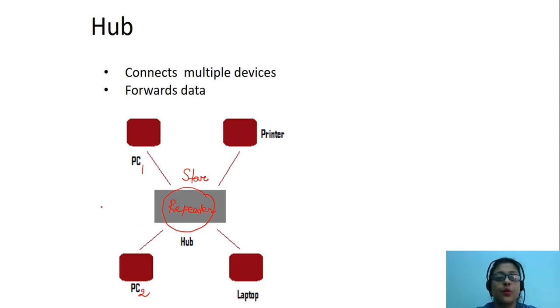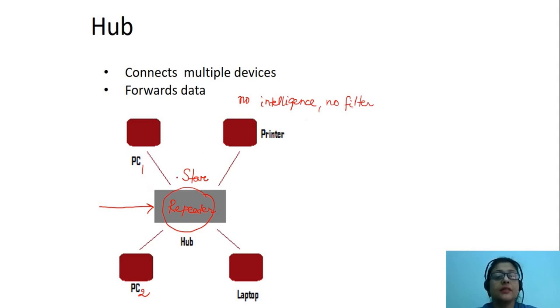Now suppose one data comes to this star point, that is a hub. This hub has no intelligence of its own. It has no intelligence, and it cannot also filter data based on the address.